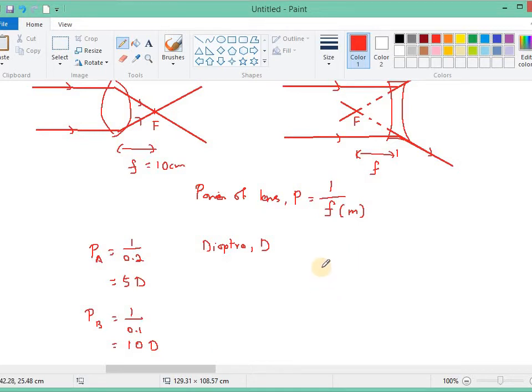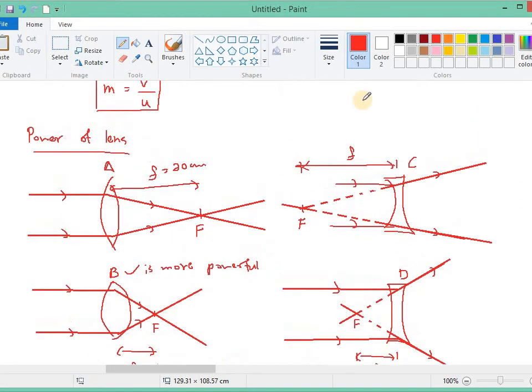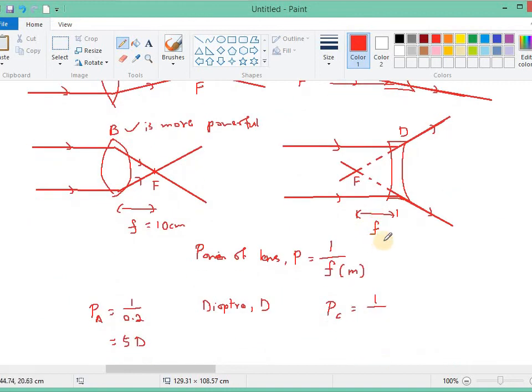So for a concave lens, let's say this is the same also. Let's say this is 20 centimeter, this is 10 centimeter. For a concave lens, the focal length must be negative, same like in the lens formula.